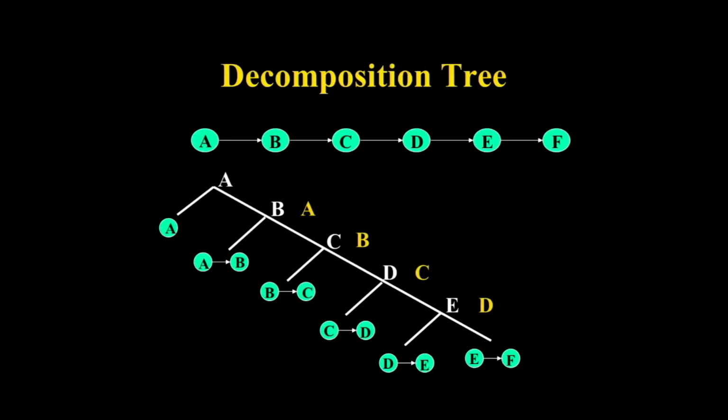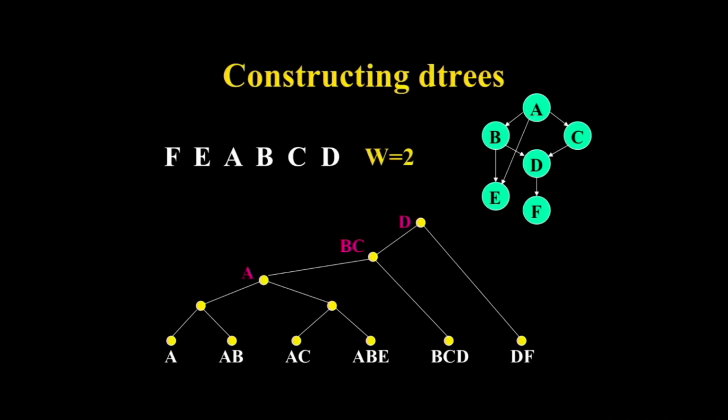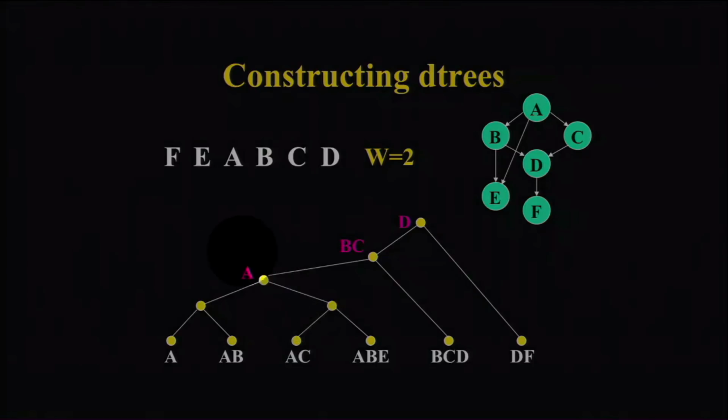Okay. Remember, I gave you a method for constructing D3s from elimination orders. By the way, what I just showed here is the context in this particular case. Going back, we talked about a method that, given an elimination order of a certain width, will construct a D3 for you. We didn't show the details, but the guarantee was that every cut set will be smaller than W plus 1.